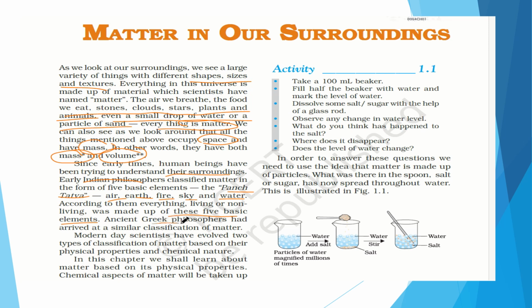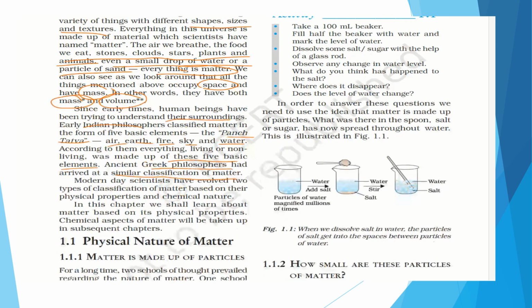Ancient Greek philosophers also had a similar classification of matter. Modern scientists have evolved 2 types of classification of matter, based on physical properties and chemical nature. In this chapter we will deal with the physical properties, and the chemical aspects of matter will be taken up in the coming chapters.